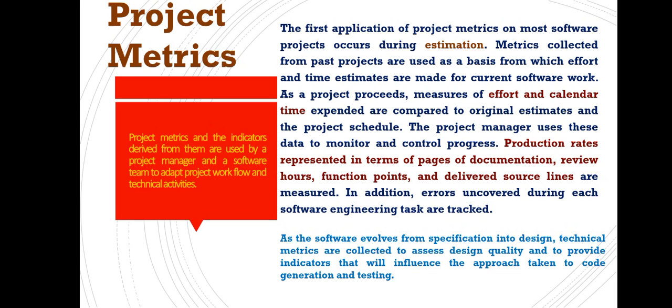Depending upon that, we will be estimating the future projects in order to create or build or develop any project. So metrics collected from past projects are used as a basis from which effort and time estimates are made for current software work. Whenever we are proceeding with any project, measures of effort and calendar time spent are compared to original estimates and the project schedule.